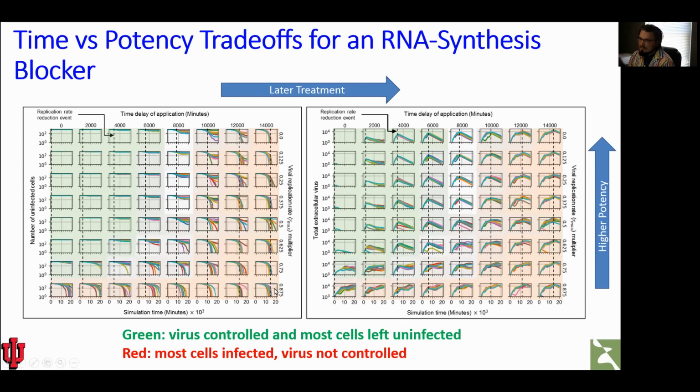Whereas very late and very weak treatment, shown here in the bottom right, see all uninfected cells go to 0. And again, we see the same sort of deterministic behavior for the lots of stochasticity that we simulate. We can find these parameters at these extreme ends of the parameter sweep where there's a certainty of outcomes, and the simulation replicas behave about the same way in time.